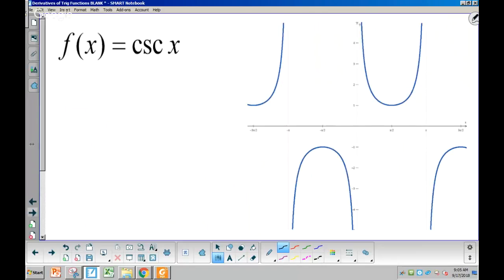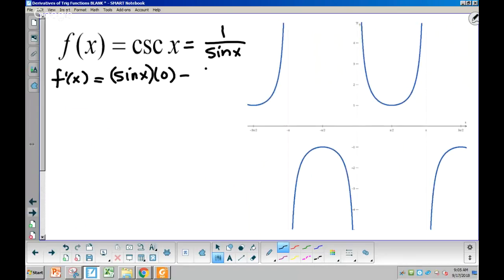We're going to use 1 over sine x. So what is f prime of x here? Sine x, d high, good, 0 minus high, which is 1, d ho, which is cosine x, good. All over sine squared x.